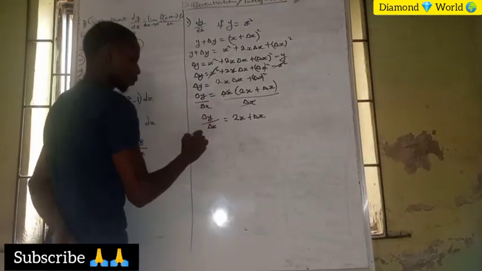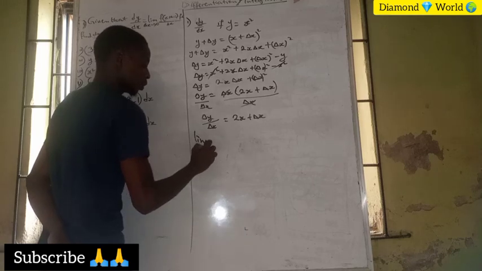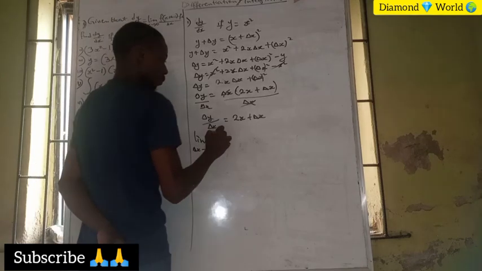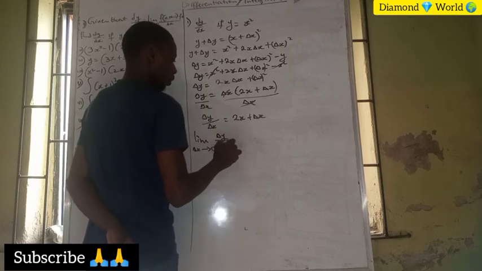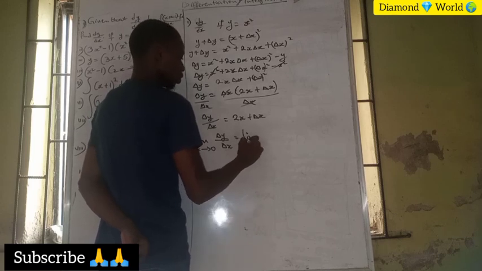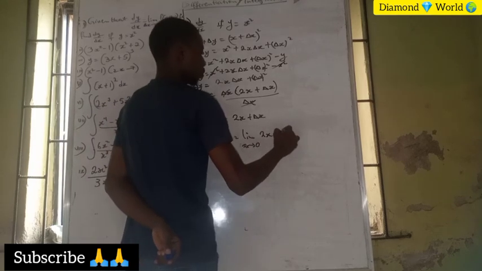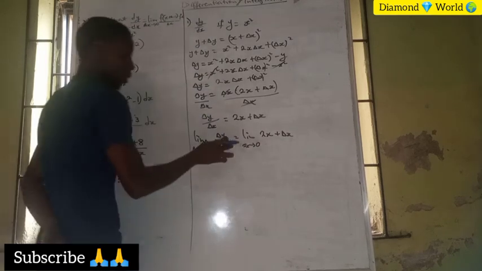Now from here, we take the limit as change in x tends to 0. dy/dx, change in y over change in x, sorry, is the limit as change in x tends to 0 of 2x plus change in x.